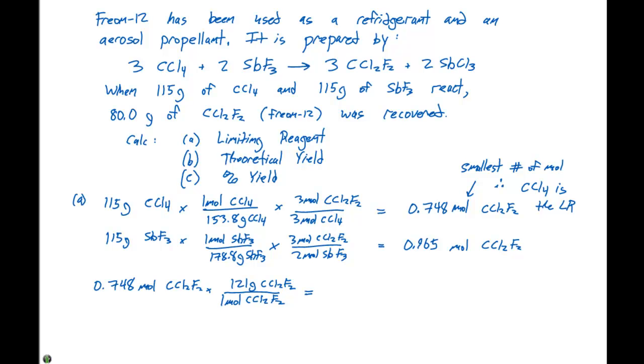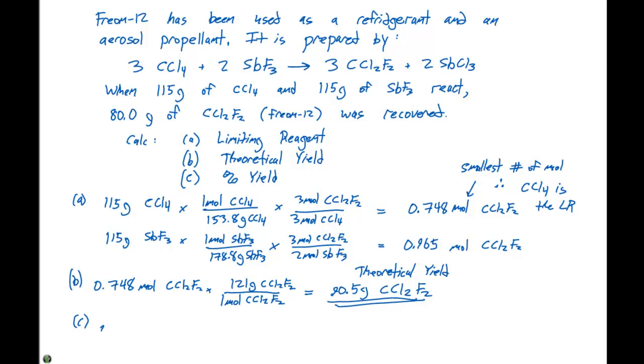And that's going to give us a value of 90.5 grams of CCl2F2. So this value right here is our theoretical yield. So that is part B for our problem.